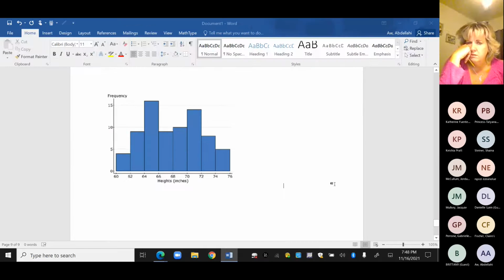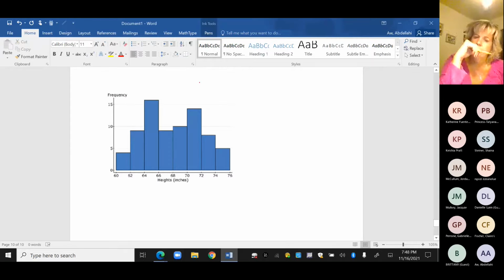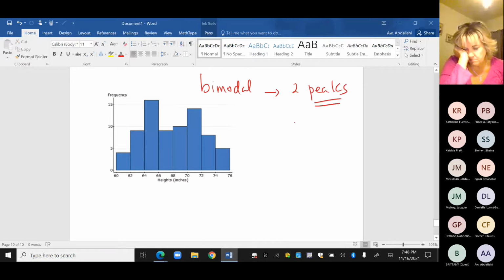Why do we consider that this histogram is bimodal? Because we count two peaks. Why do we consider this one a peak and this one a peak? You see, they don't have the same height, right? No. But they are far away enough, so each one represents a peak in its neighborhood.